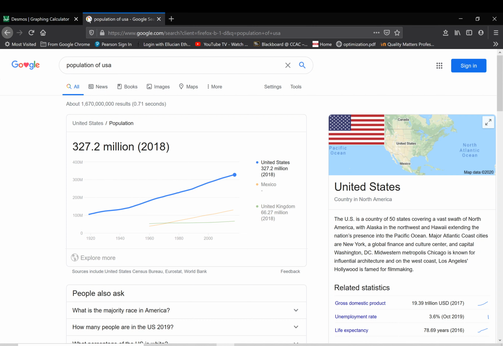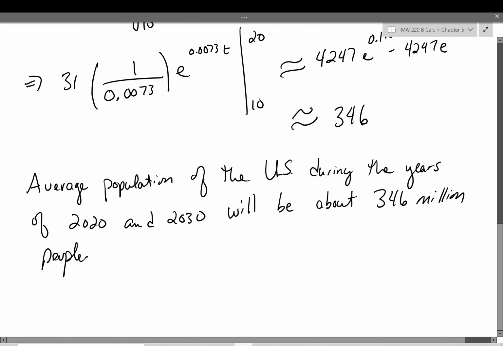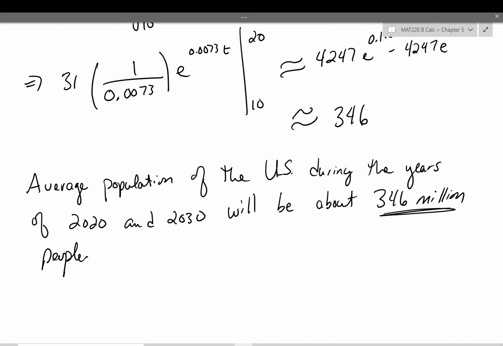Doing that's very important because that dictates where a lot of funding and everything goes, especially for the neighborhoods that you live in. So make sure you do your census. Anyways, so between 2020 and 2030, it's looking to be about 346 million people. I would like to be able to remember this problem 10 years from now, to see just what the population really was, to see how accurate this model really is.